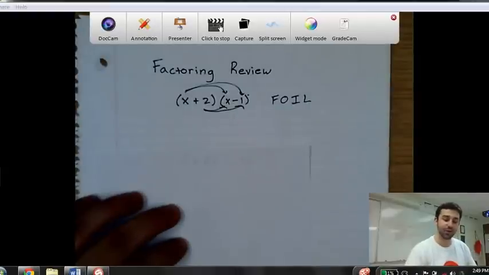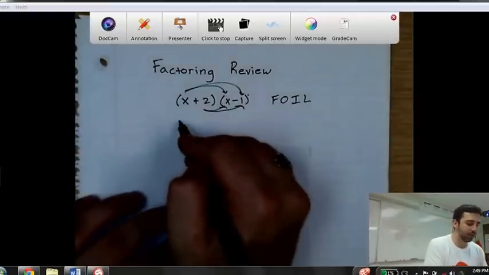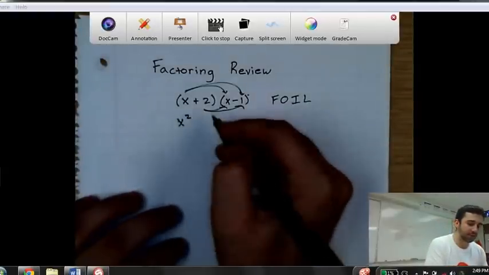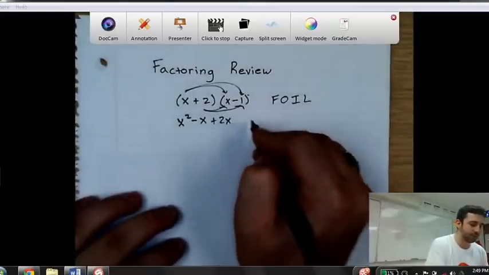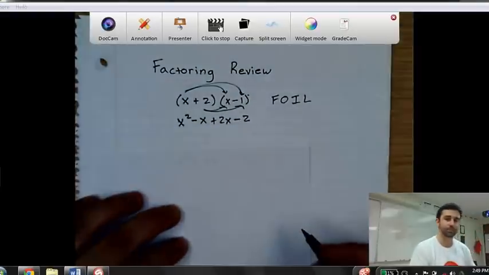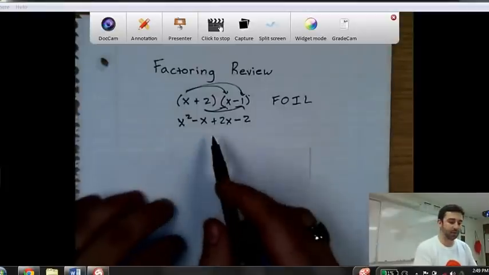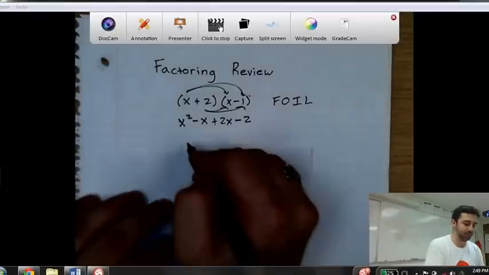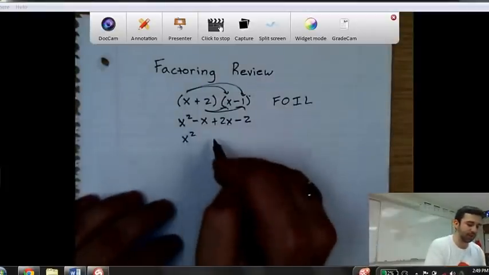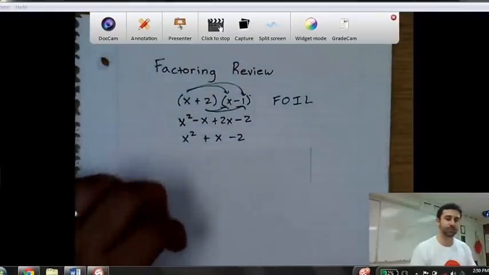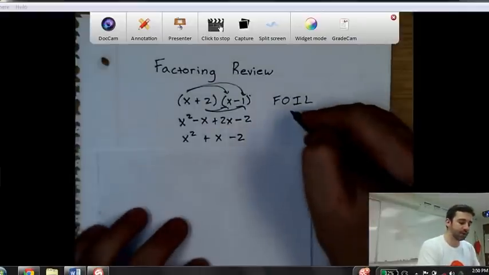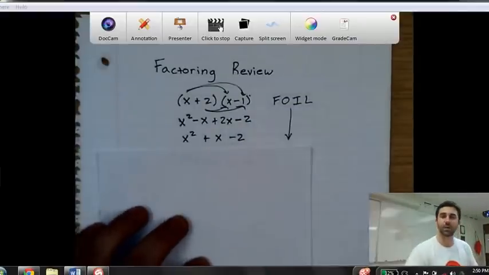And from this operation, we get the expression x squared minus x plus 2x minus 2. And from here I can simplify by combining like terms so that I get the expression x squared plus x minus 2. And so notice in this direction I'm FOILing.